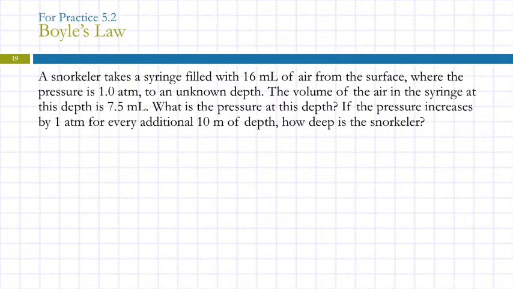Let's draw a picture and think about what's going on here. Here we have the surface of the water. Up here the pressure is 1 atmosphere. And we take a syringe, and it's got some air in it. This is 16 milliliters of air.